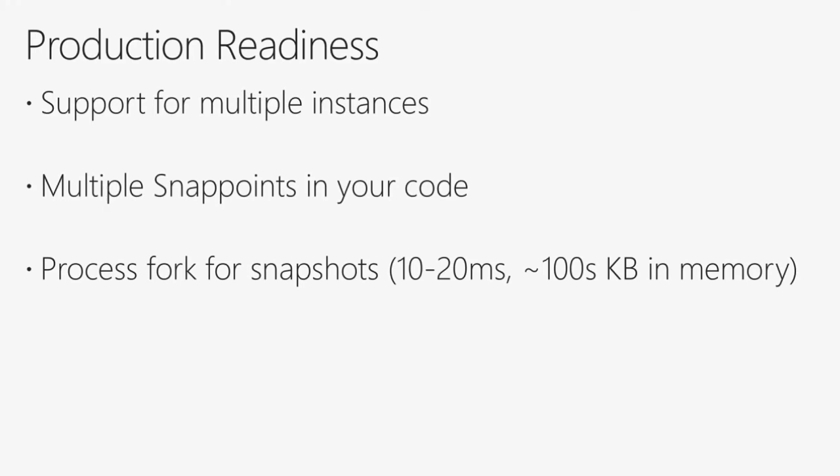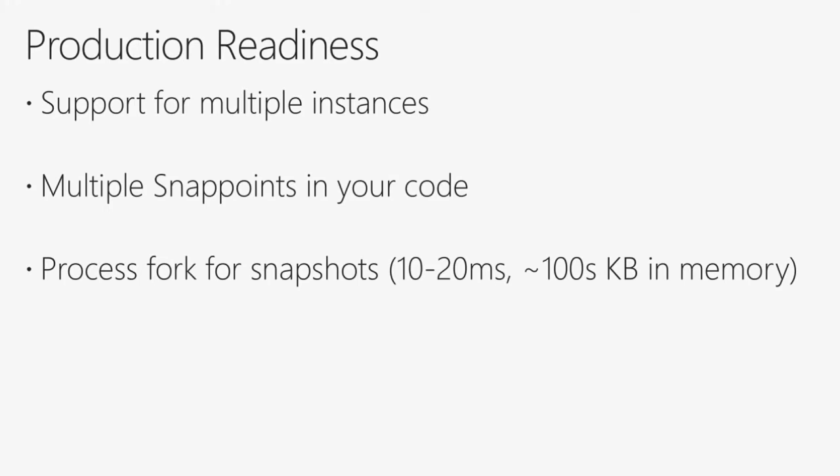As I mentioned briefly earlier, snapshots are created by a process called process forking. Essentially we're creating a fork of the W3WP process that's running your application. And for this forked process, we're not actually copying the full process. What we're doing is copying the page table, and essentially setting the pages to copy on write.